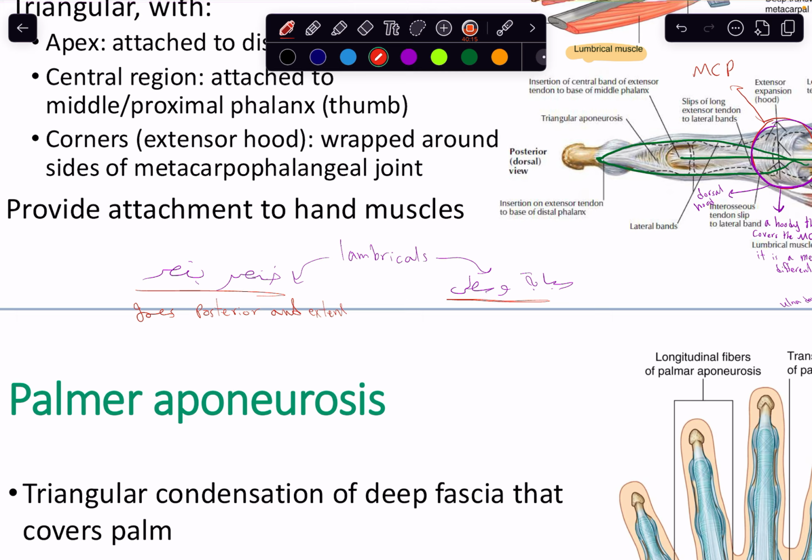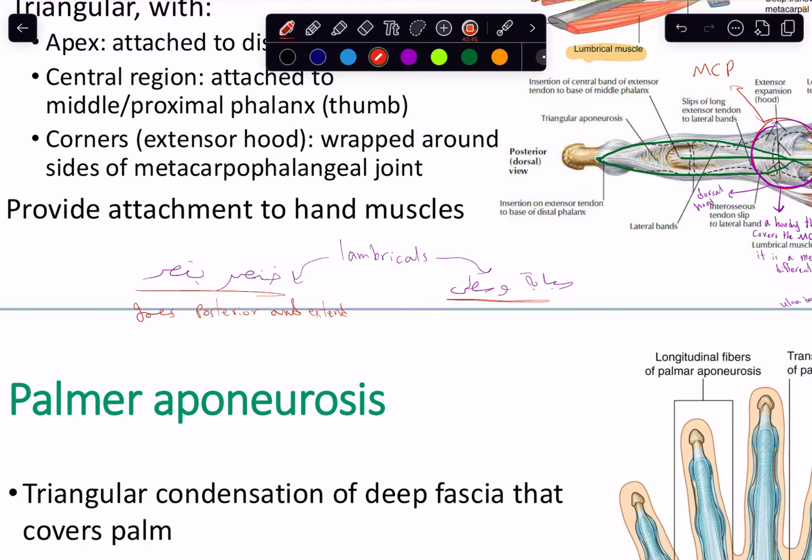But usually, when the lumbricals are not working, the extension part of the lumbrical is actually nullified. So the flexors can flex, but since this is not flexing, only these can flex slightly. But since this is not flexing, it appears like this.